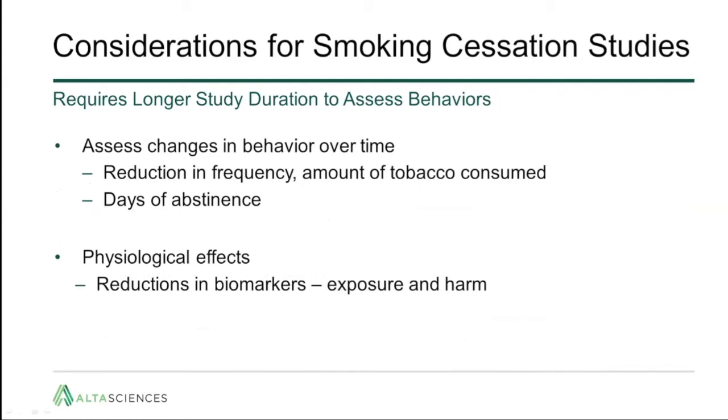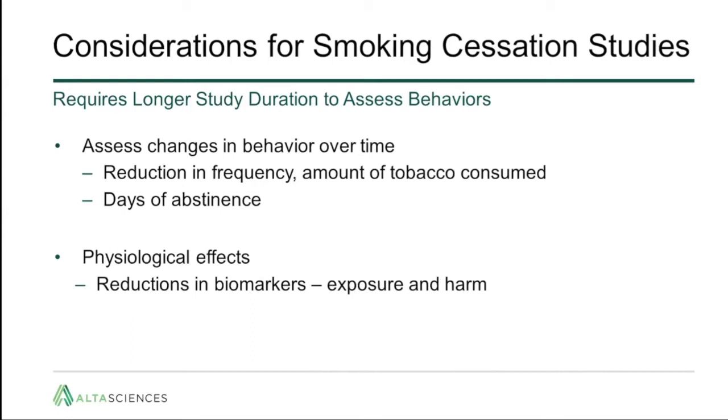For smoking cessation studies, there are tobacco products and nicotine-containing products that are intended to help people quit smoking. These require a longer study duration to assess behaviors. One needs to assess changes in behavior over time, showing that there is an actual reduction in the frequency of the amount of tobacco consumed, looking at the total days of abstinence, the reduction of tobacco usage, and looking at different physiological effects.